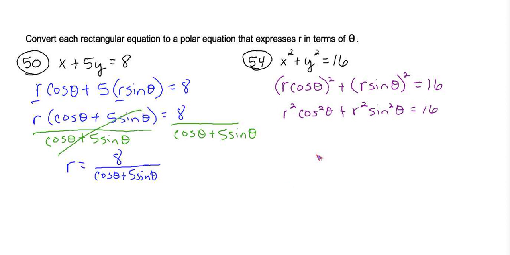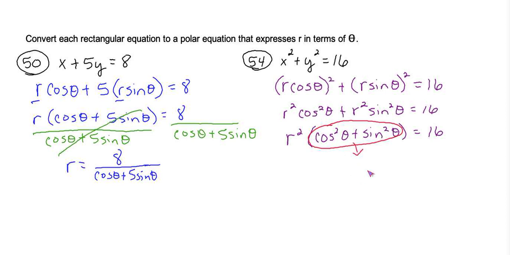Now, I'm going to factor out my r squared, and I'm left with something that looks very nice. Cosine squared theta plus sine squared theta. I hope you're thinking, that looks familiar. Yes, this is an identity. It's the Pythagorean identity. That is equivalent to 1.